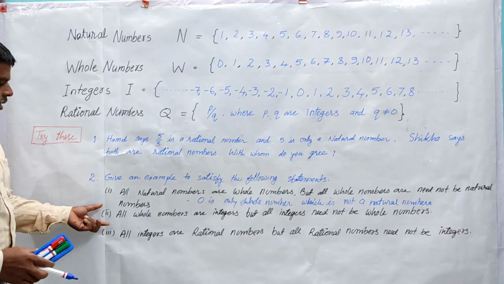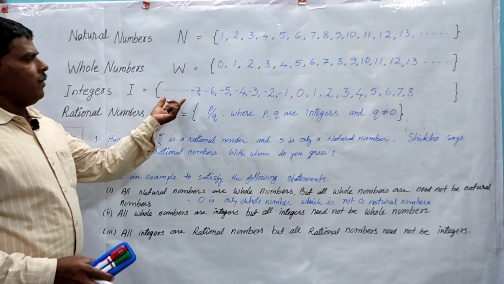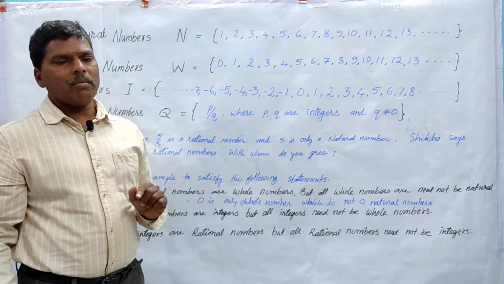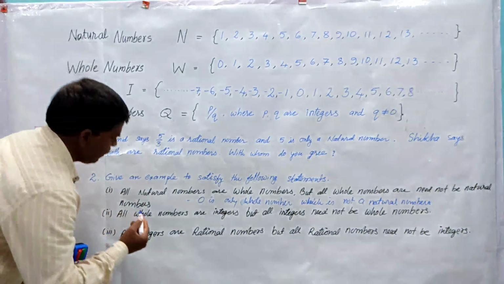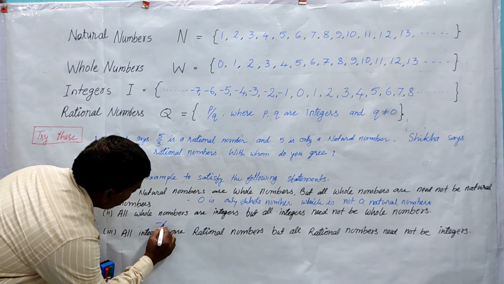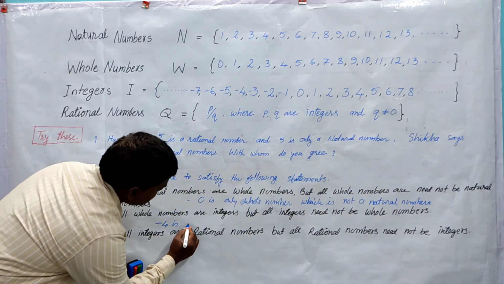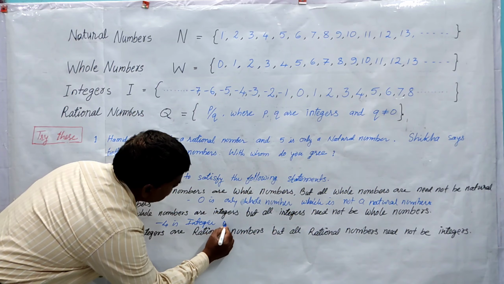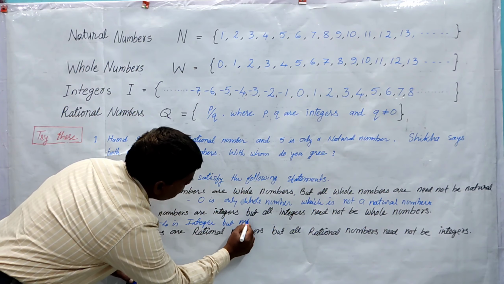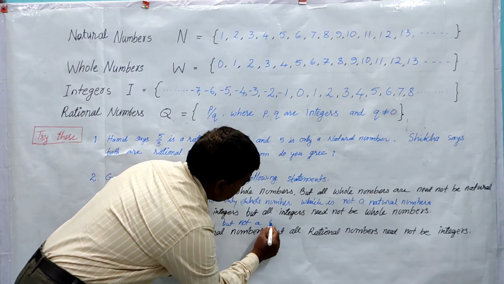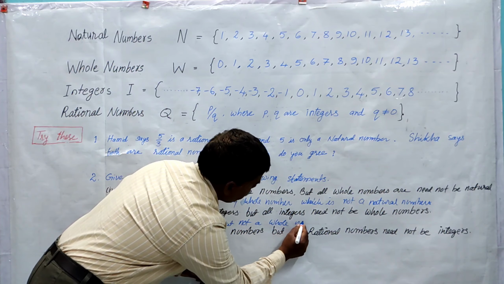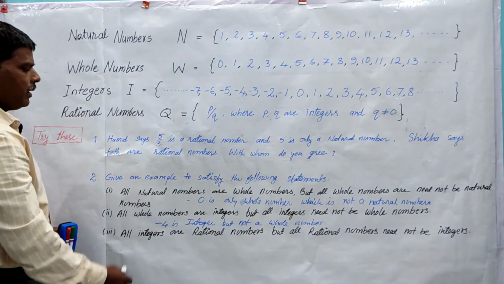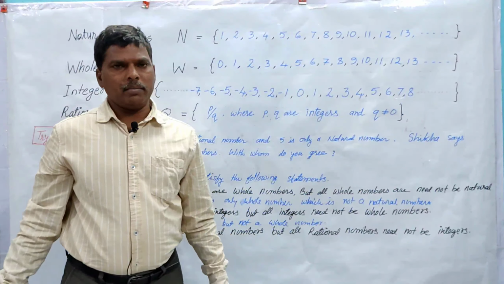So to satisfy this statement, we may give any one of these negative numbers as an example. For example, minus 4 is an integer but not a whole number.